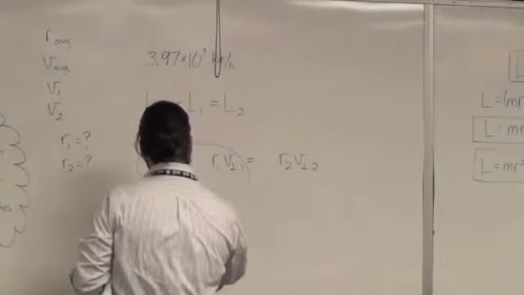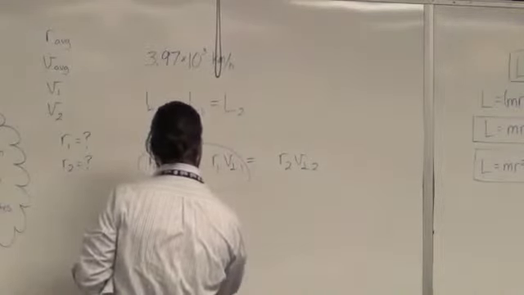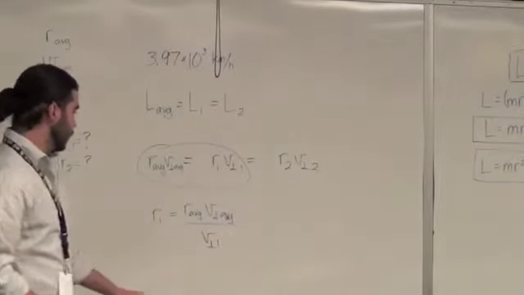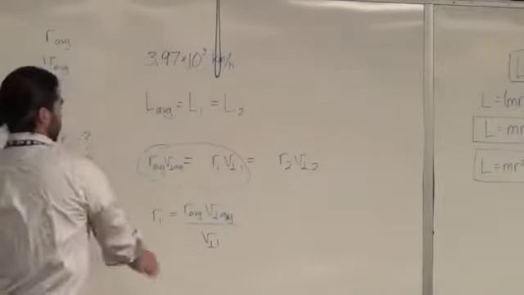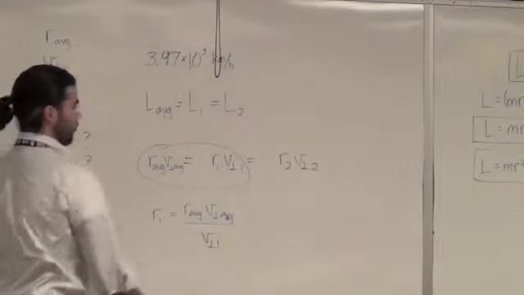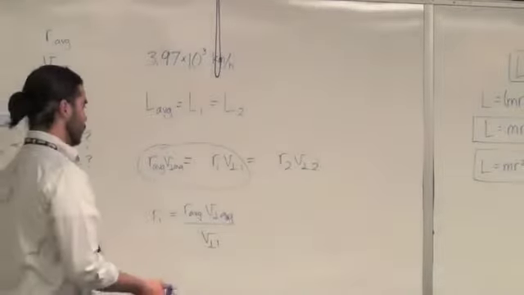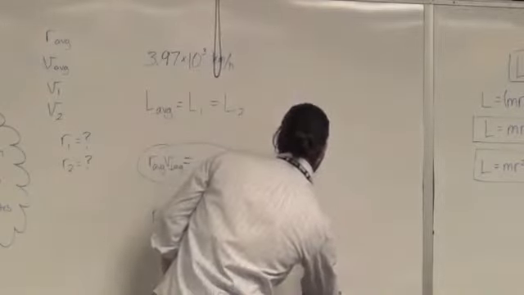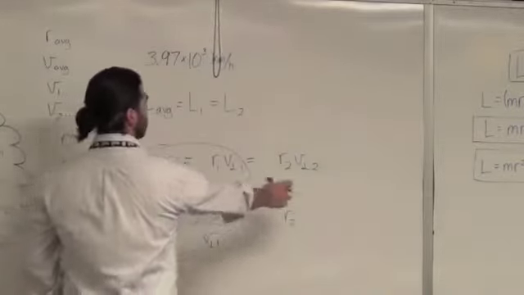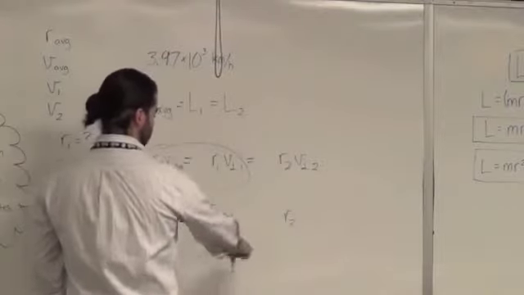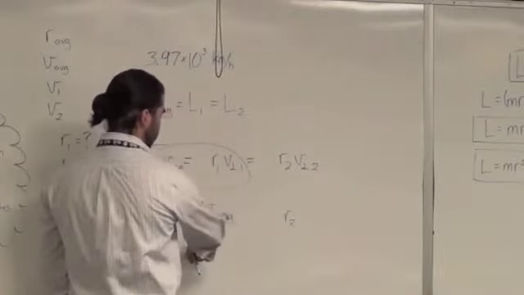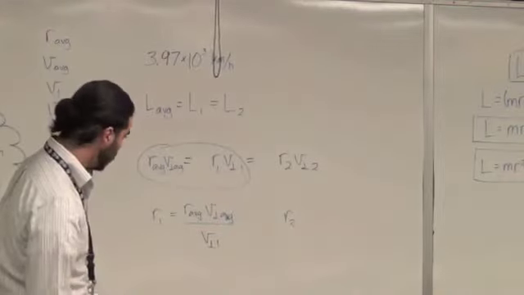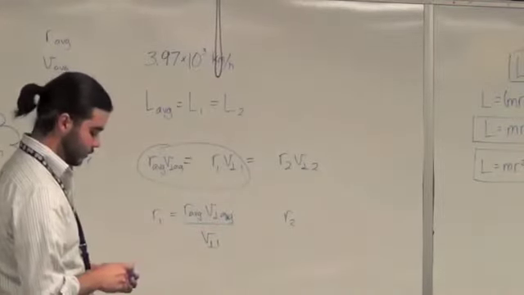Solving for R1, you plug these given values in and solve. Or you can do the exact same thing to solve for R2: set R2 equal to this, divide by V2. It's the same equation, only you'll have V tangential 2. And that's how you solve for R1 and R2.